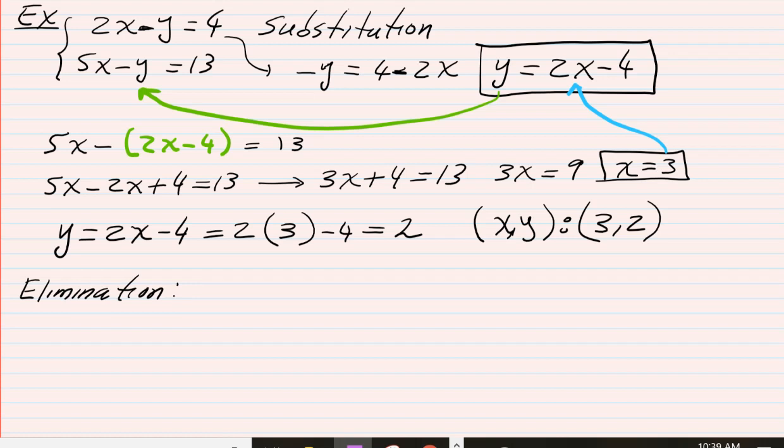So for the elimination method, what we do is we actually have to choose a variable in the equation to get rid of or to solve for. Now which variable you want to eliminate depends on the coefficients on x and y.